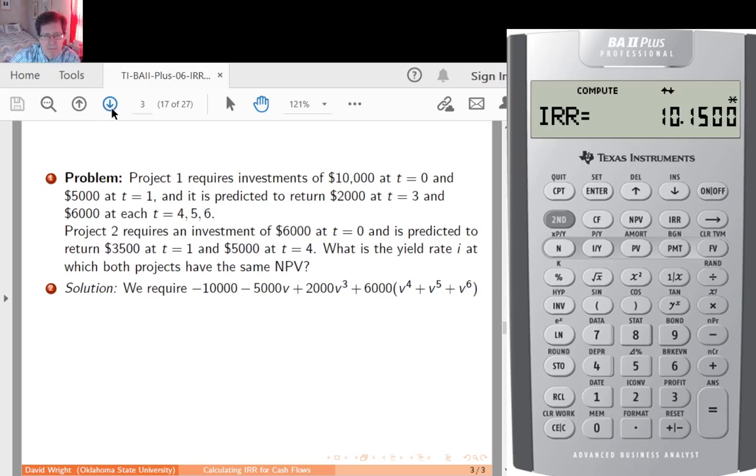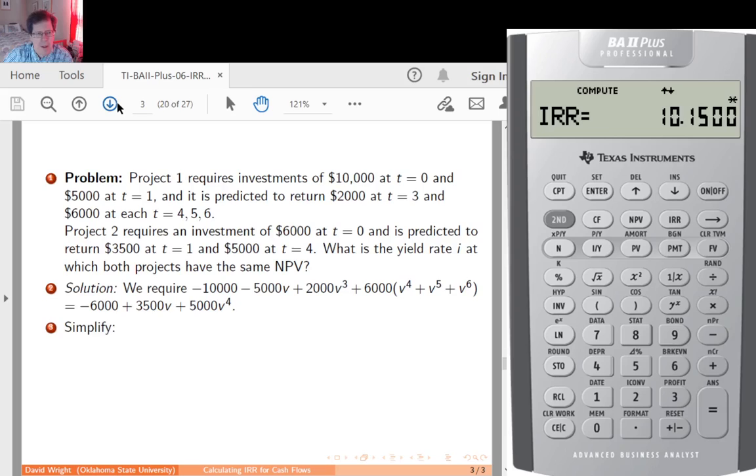On the other hand, project 2 is a 6,000 investment, negative 6,000, and then you get 3,500 at time 1, so times V, and 5,000 at time 4, and that's times V to the 4th. And they should be equal. Now we're looking for the yield rate under which these two projects have equal present value.